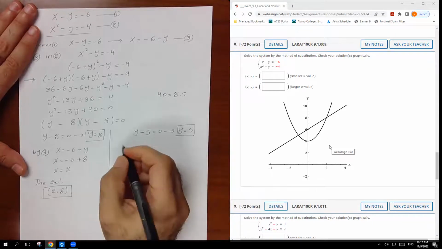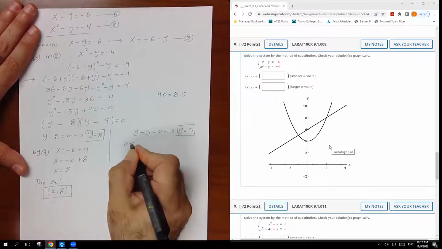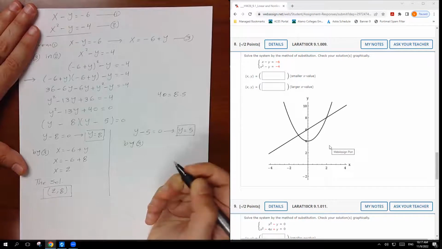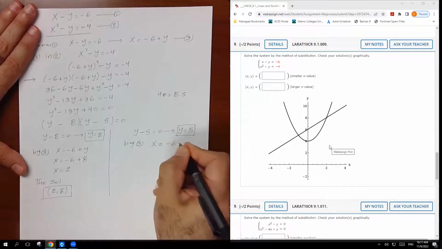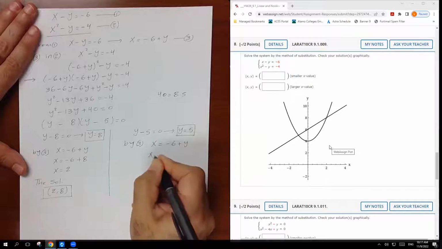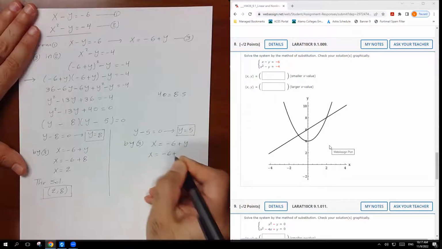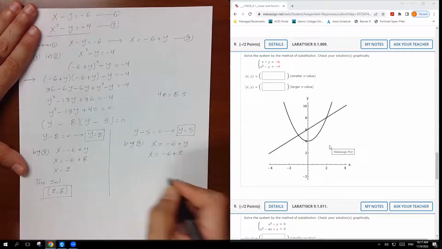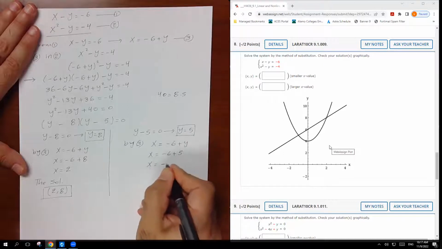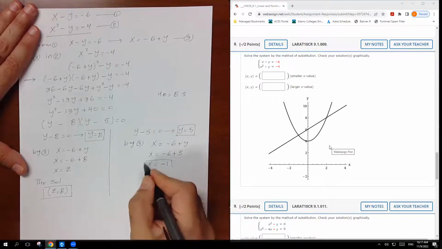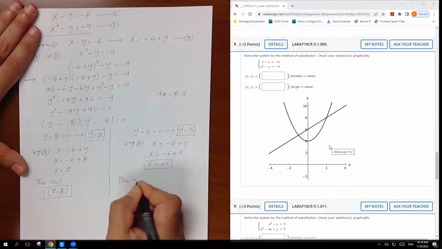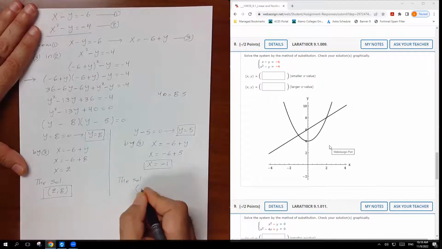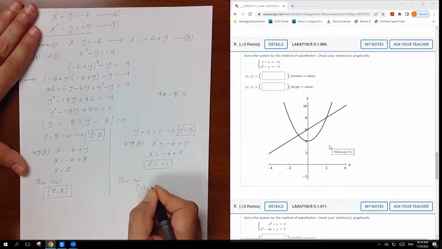Now by 3, x equal -6 plus y. That means x equal -6 plus 5. So x is going to be equal -1. So now we have another solution, which is x is -1 and y is 5.